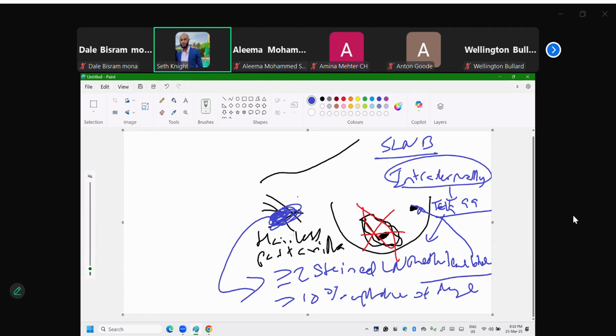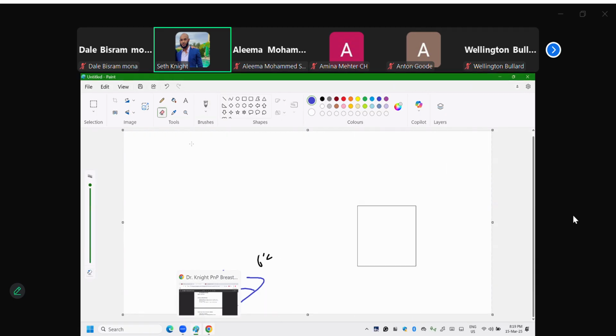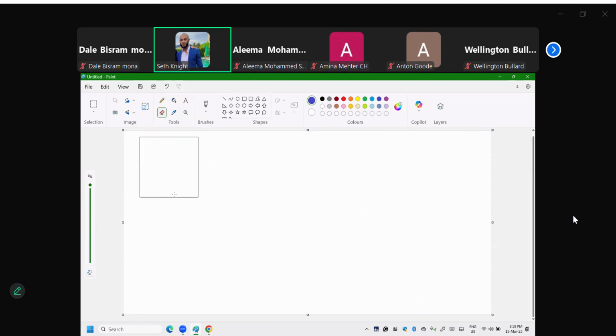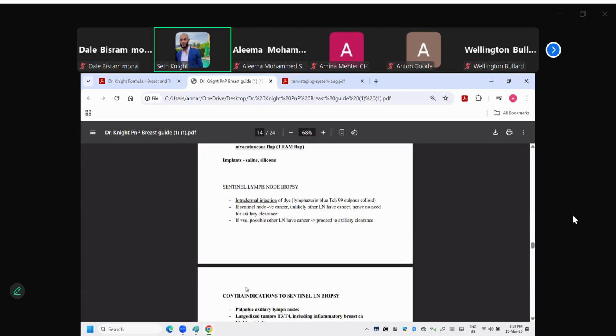So if it is positive, it means cancer has likely spread to the axillary lymph nodes, which is an indication to do axillary lymph node clearance or axillary lymph node dissection. That's the purpose of doing a sentinel lymph node biopsy: to see if the axillary lymph nodes are positive and if you need to do axillary clearance.